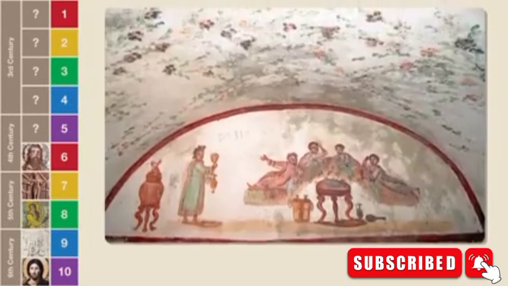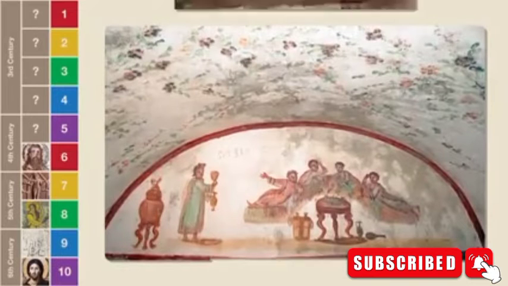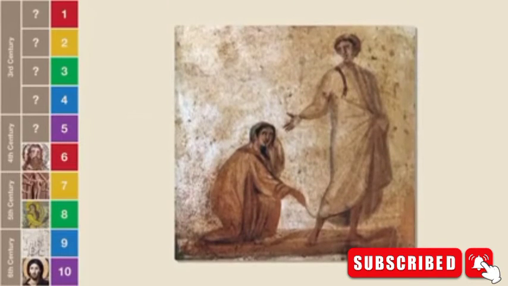And as we're about to see, he usually just looks like a typical Roman from the time of the Roman Empire. Take, for example, this image from the catacombs of Marcellinus and Peter. Here we see a woman depicted as touching the edge of Jesus' garment, a story that comes from Mark chapter 5.